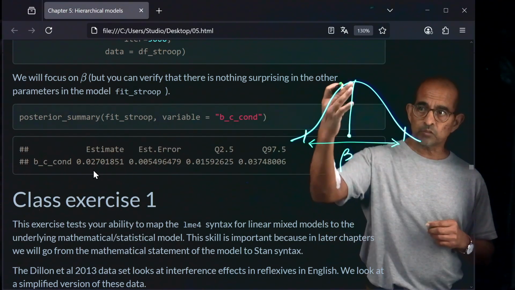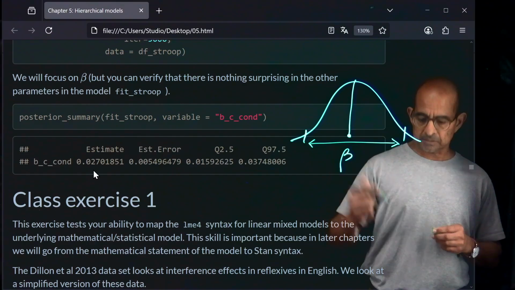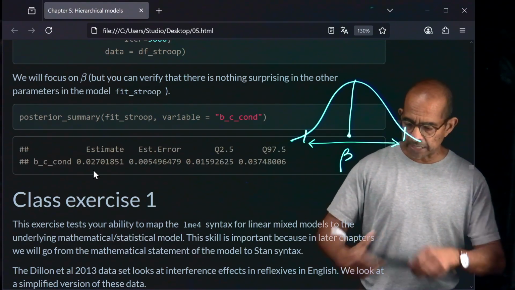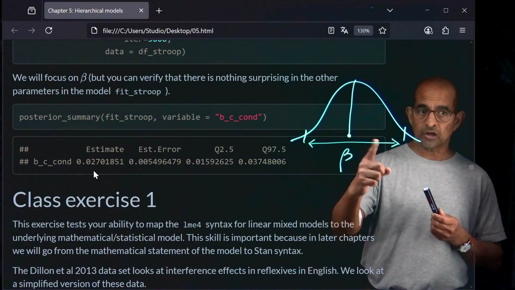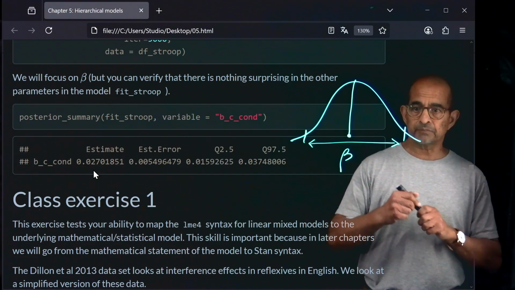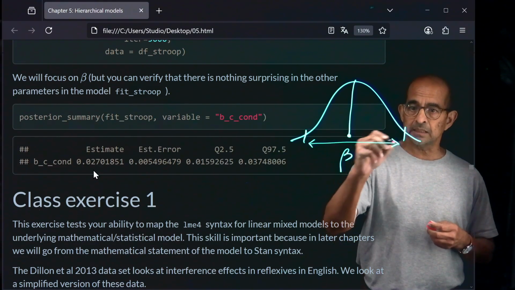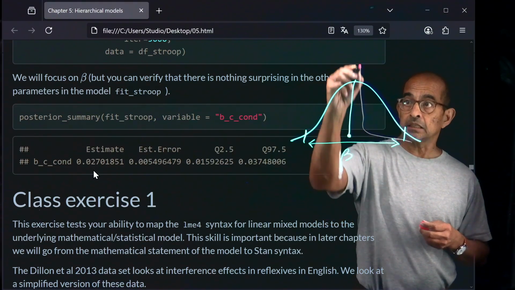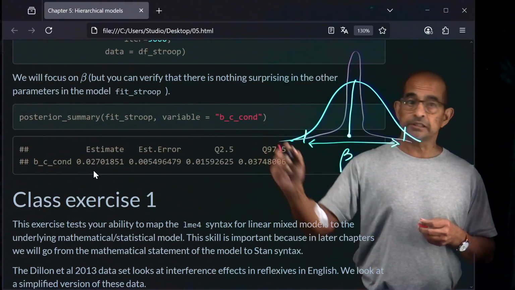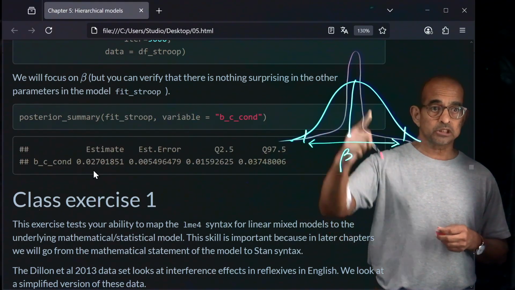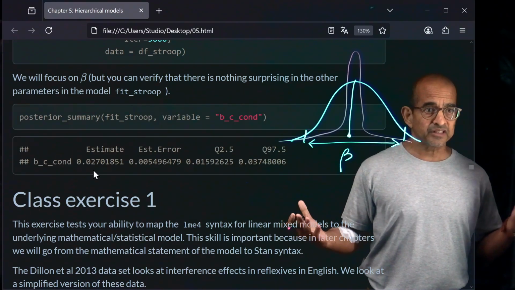So for example, in one experiment, if I get an estimate like this, which is very widely spread out, I have a lot less information about the beta parameter than in the situation where I have exactly the same point estimate but a very tight posterior, right? These two situations are giving me very different information.